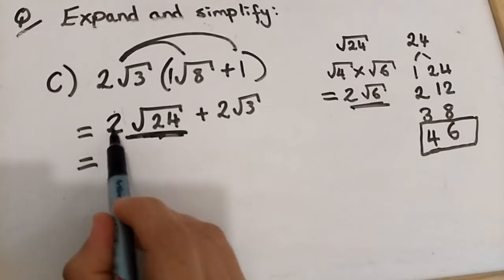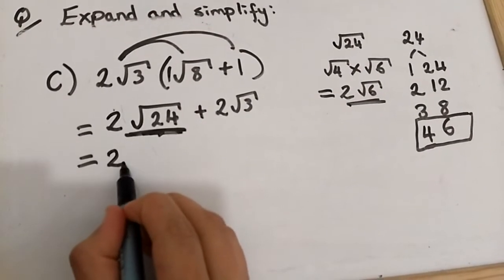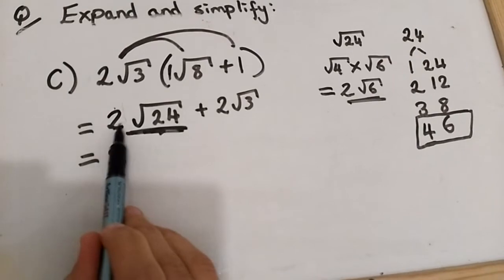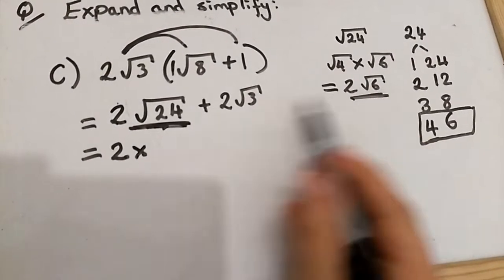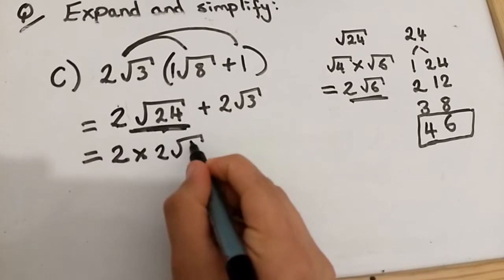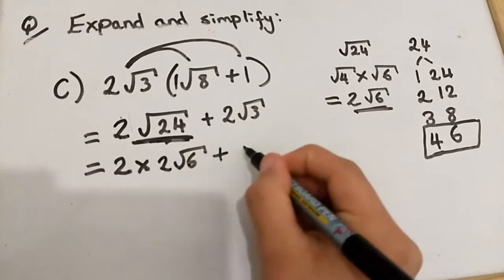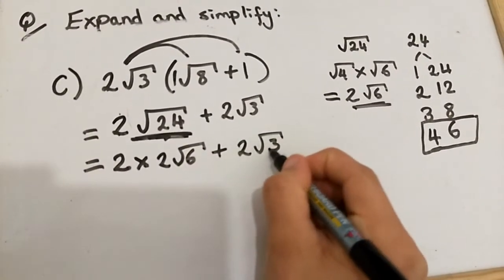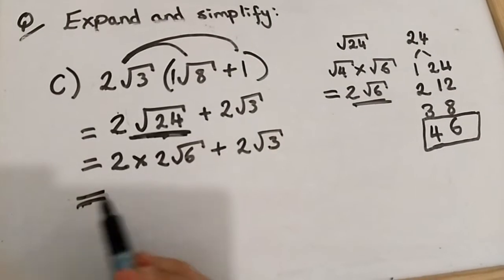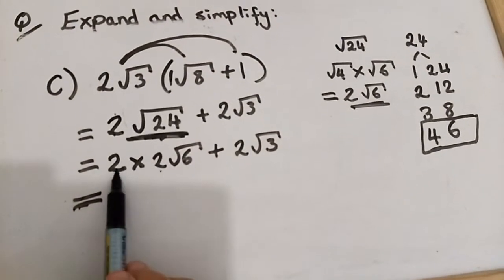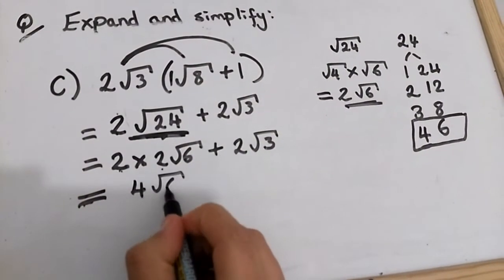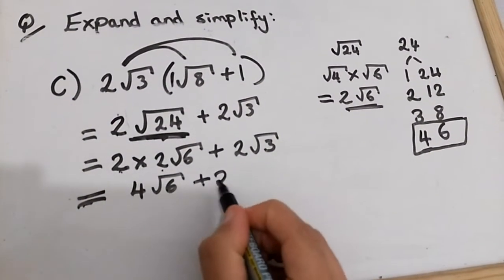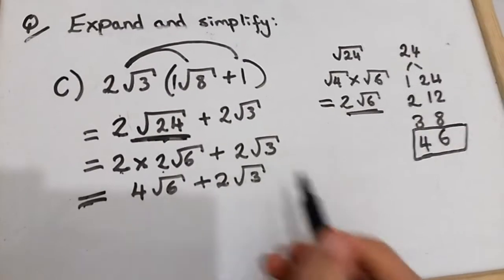So this 2 stays where it is, and what that means is 2 times 2 root 6 plus 2 root 3. So my last step is to multiply these together. 2 times 2 is 4, and that gives us 4 root 6 plus 2 root 3.